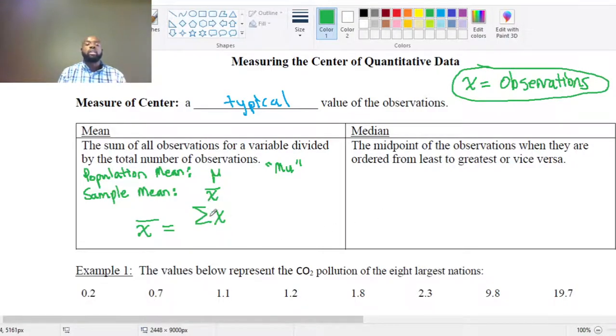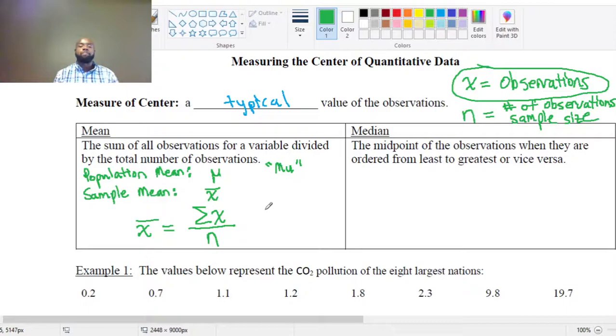So we sum up all the values in your data set for that variable, and we divide by the number of observations we had. n is the number of observations, and some people call it your sample size. So we sum up all your observations and divide by n, the number of observations you have, and that is your sample mean.